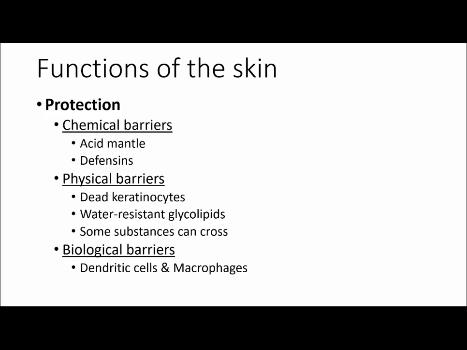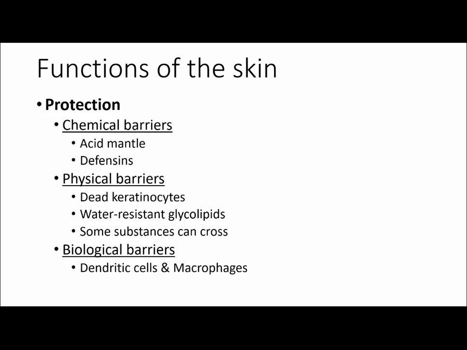So the acidity, or the low pH of those secretions, helps to decrease the rate of bacterial growth. We also have defensins that are part of our skin, and that's a natural antibiotic that is secreted from your skin cells. And those defensins actually act by punching holes in bacteria that they encounter. So that's pretty neat.